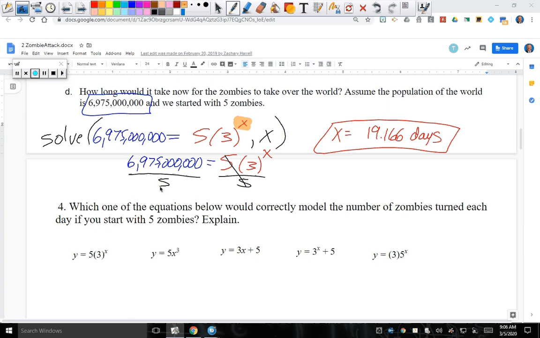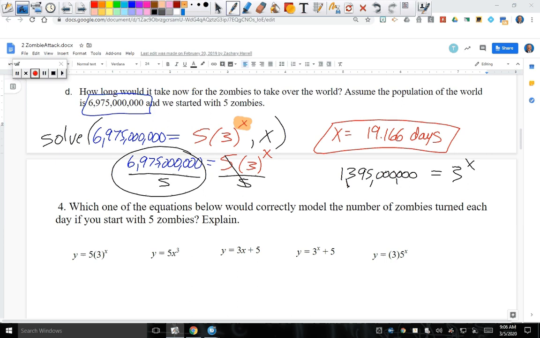If you punch this into the calculator, it will give you 1,395,000,000 is equal to 3 raised to the power of x.